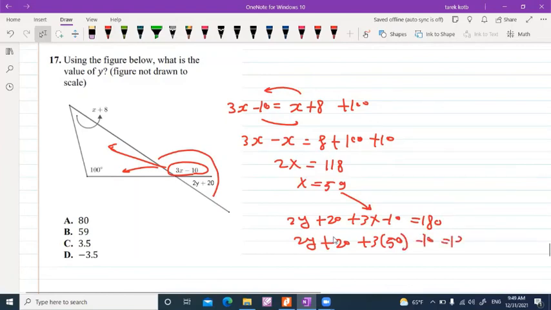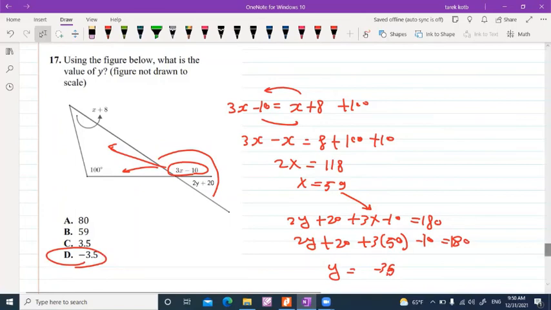Shift solve by the calculator, so you can get y equals 3.5, which is this one. This is number 17. We still have two problems in part 1.